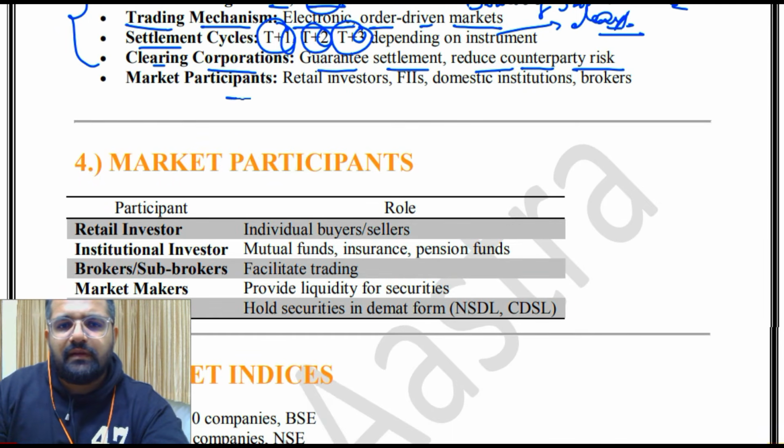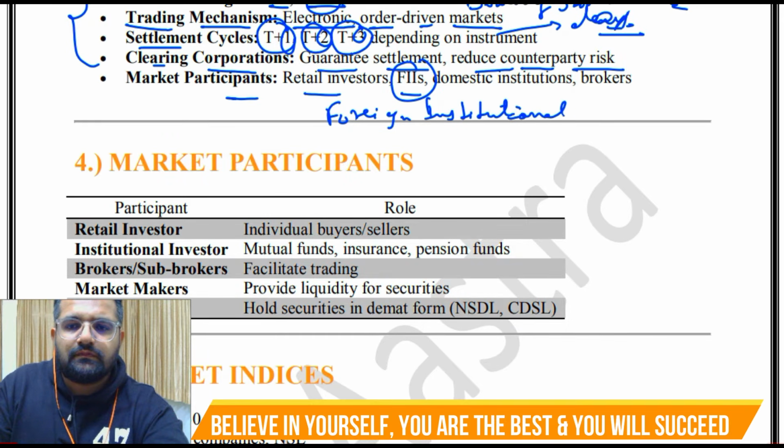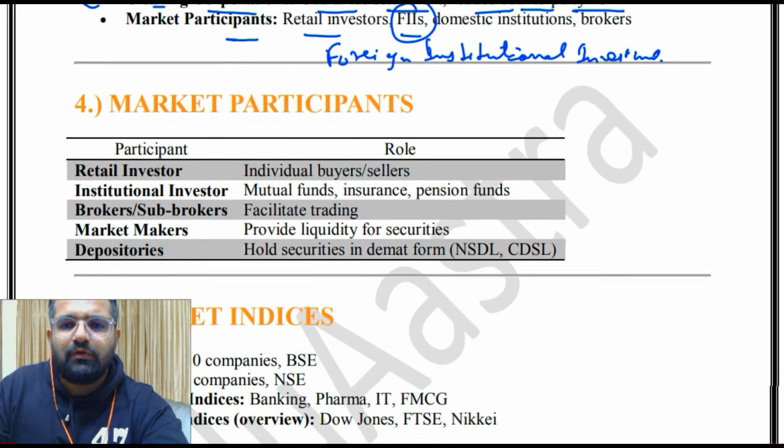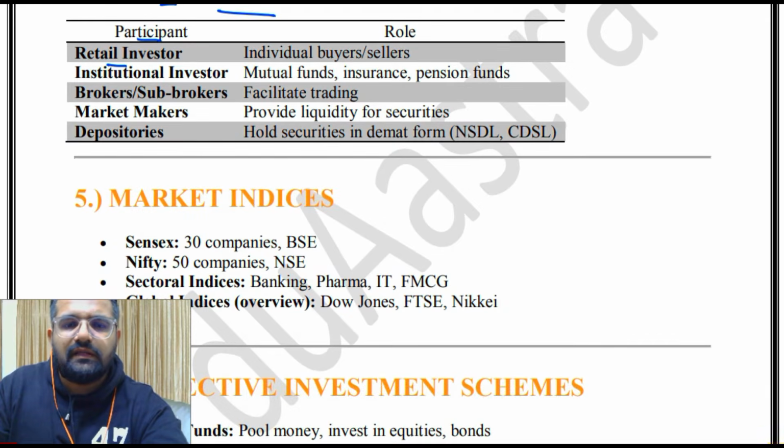Then market participants, retail investors, FIIs, foreign institutional investment. Domestic institutions, brokers. Then market participants, participant and role, retail investor, individual buyer or seller.